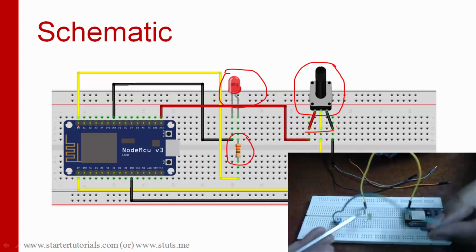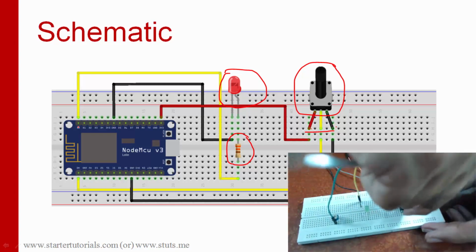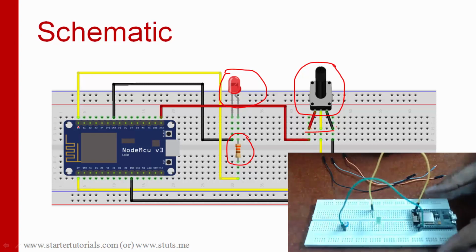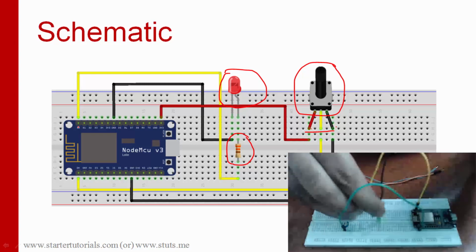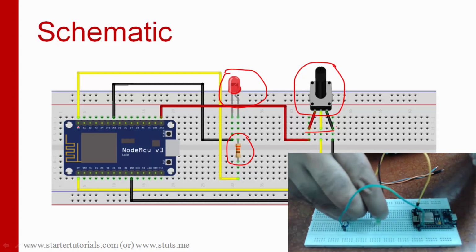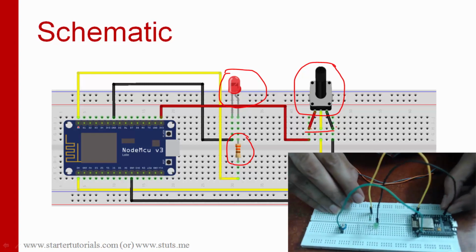So this is the A0, and then the cathode of LED is connected to ground. So we have ground here.